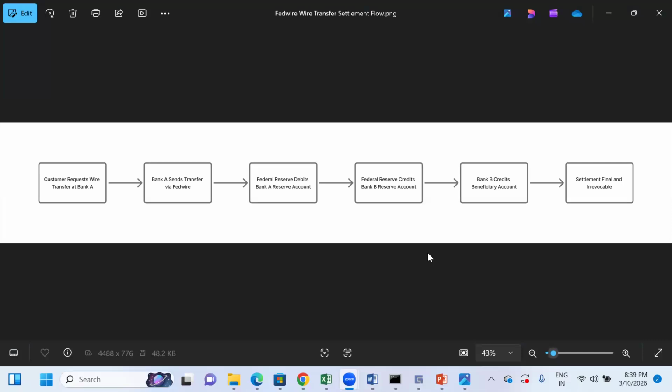And the system should have the capacity to serve 5,000 participants for high value or time critical payments.